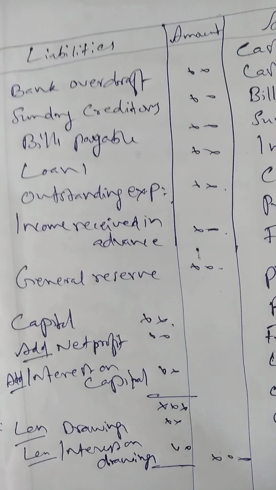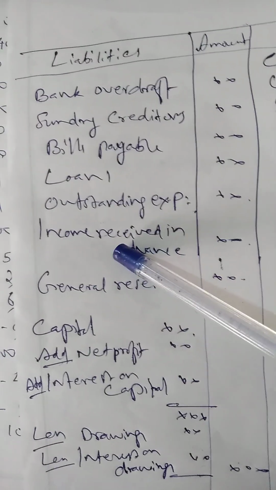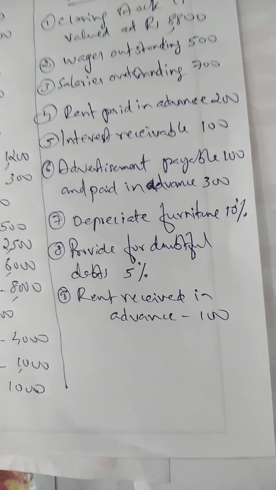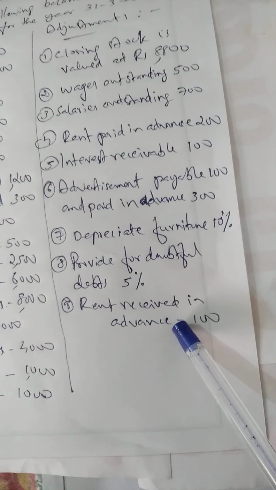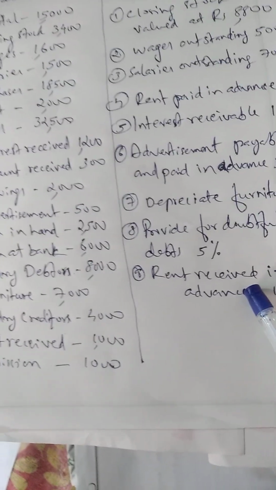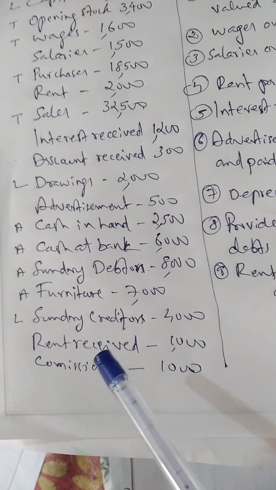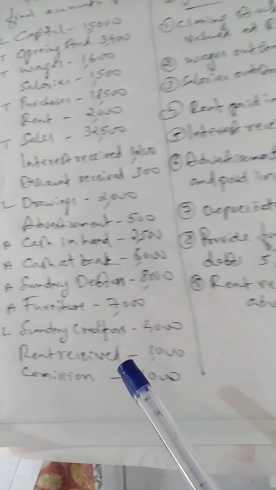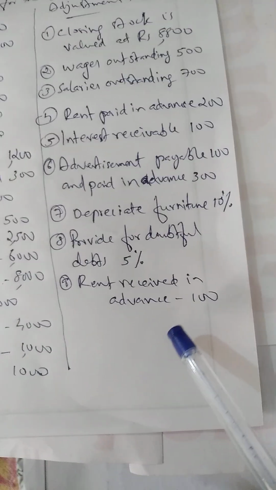This format is already given to you. It is shown as a liability. As it is an adjustment, it should be deducted from the concerned item in the profit and loss account and shown on the liability side.